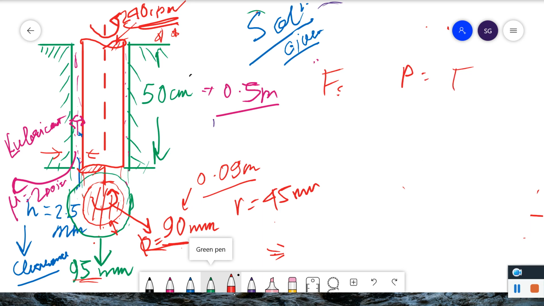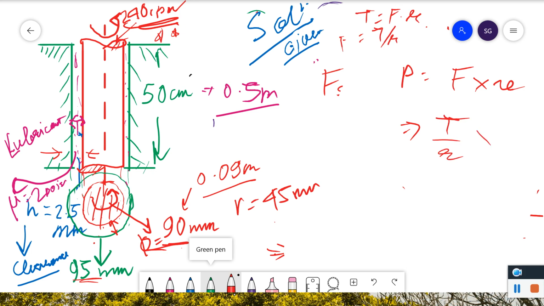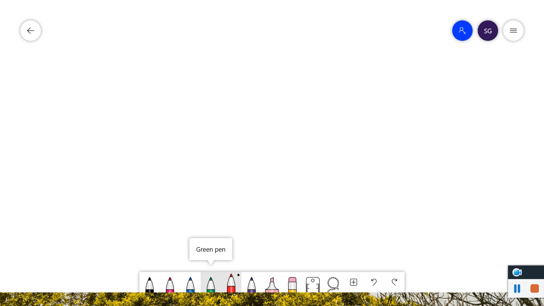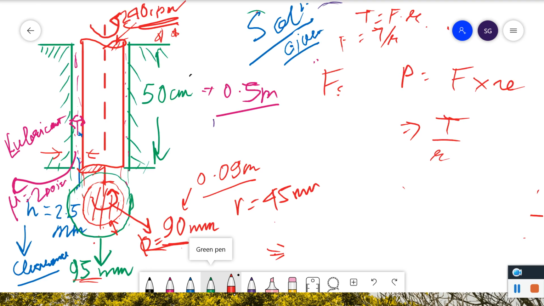Power is equal to force into velocity. Torque is equal to force into radius, so this force can be written as torque by radius. So I will write this as torque by radius and velocity. Torque by radius into velocity is the power.